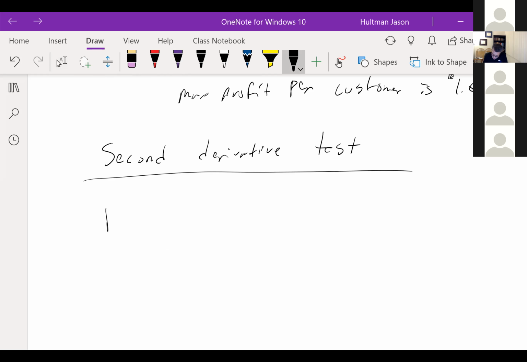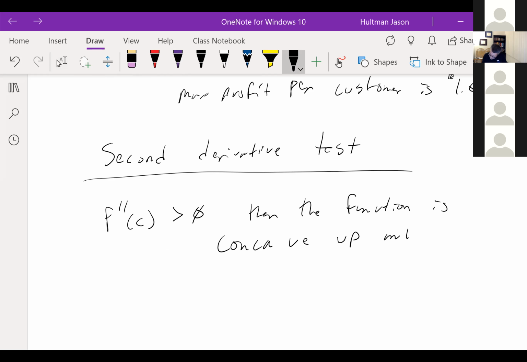If f double prime of c, of my critical value, is greater than 0, if my second derivative is positive, then the function is what we call concave up, and a relative minimum occurs.